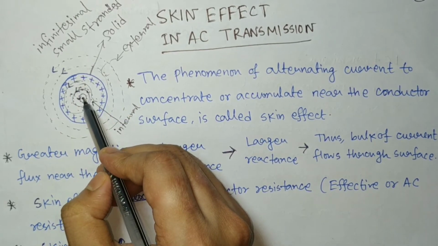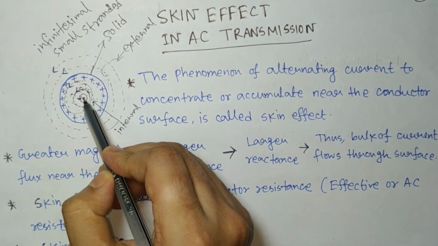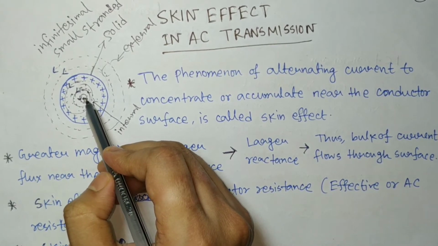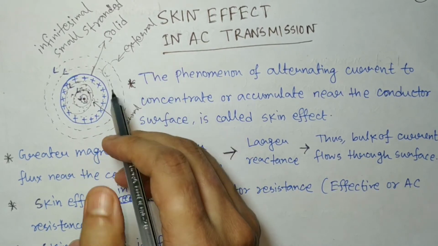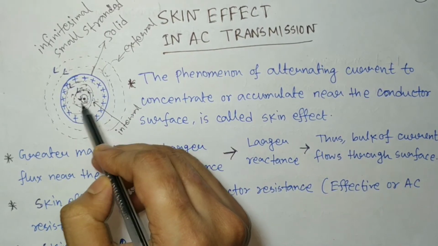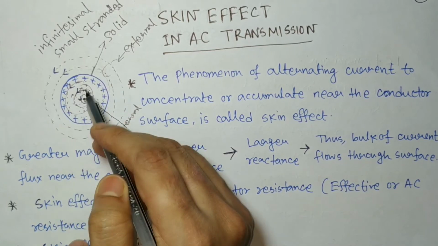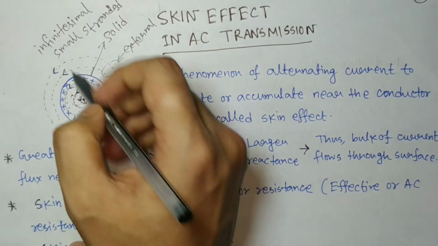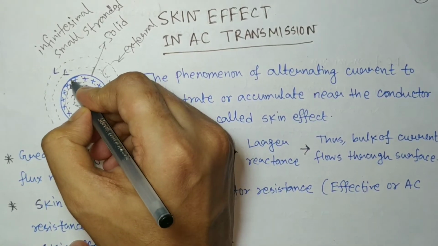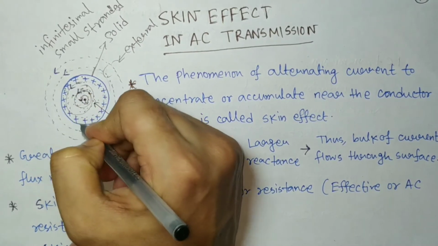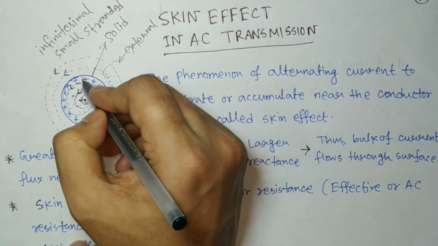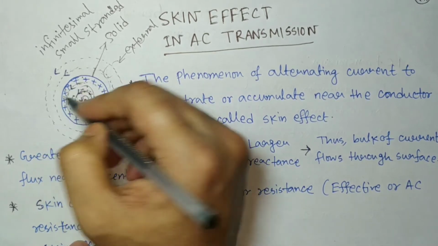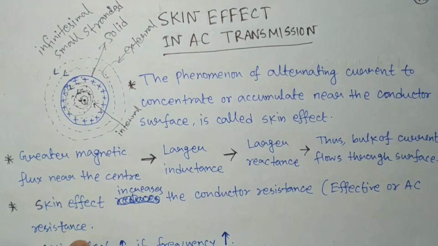So a strand near the center will be under the influence of all the possible fluxes, both internal as well as external flux. But the strands present at the surface are not under the influence of internal flux; rather, they are only under the influence of external flux. I hope you have understood this fact.